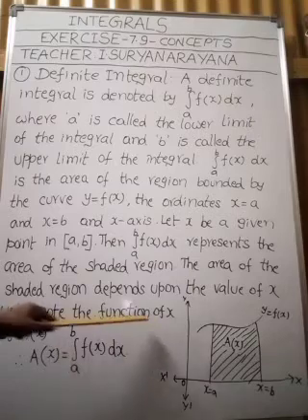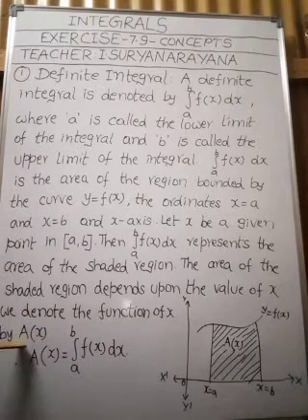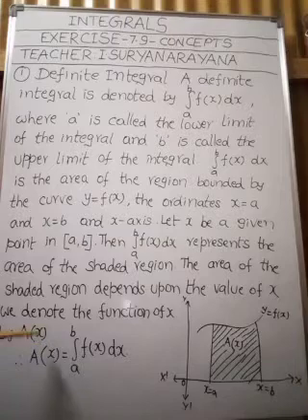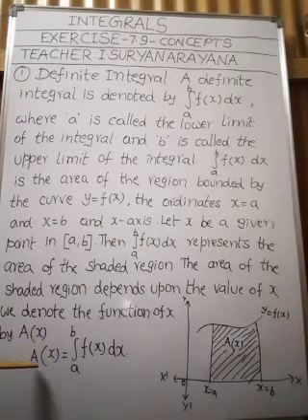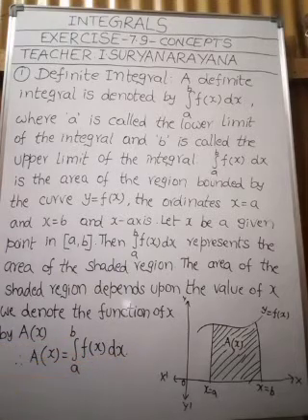We denote this function of x by A of x. This is called the area function. A of x is called the area function. Therefore, A of x is equal to integral a to b f of x dx.